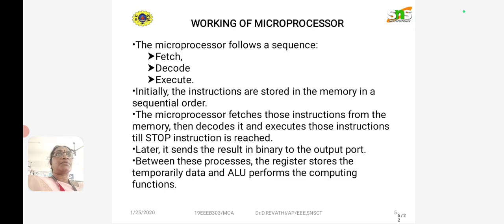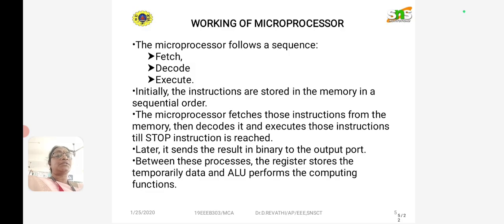For example, MOV A, B means the B register holds some data which is moved into the accumulator. The next instruction, ADD A, B, means the data in the B register is added with the accumulator, and the result is stored in the accumulator.